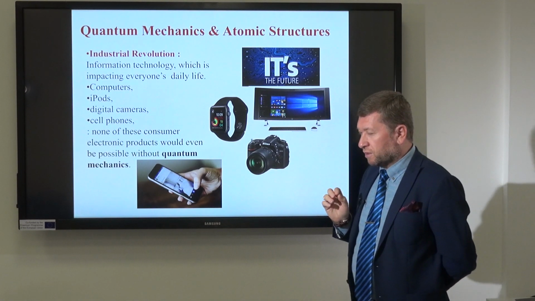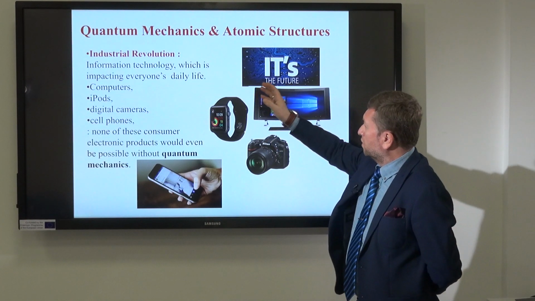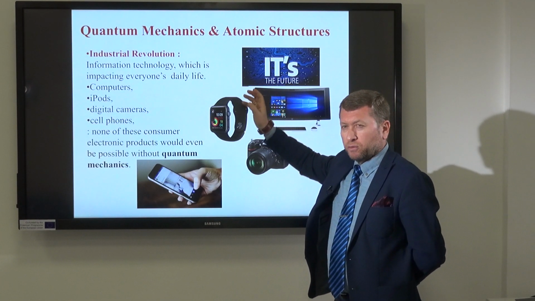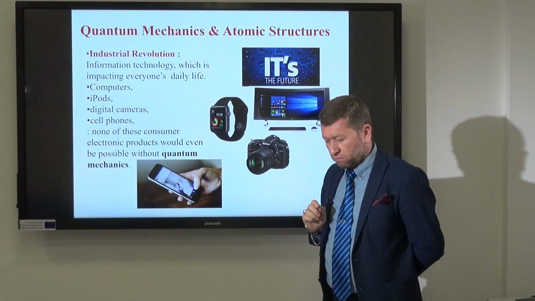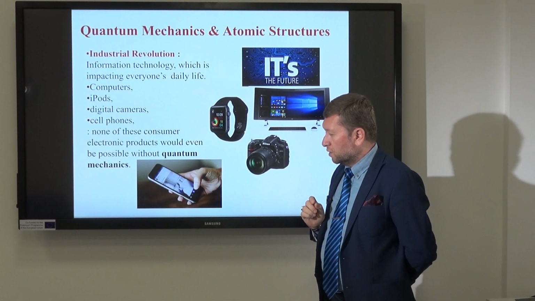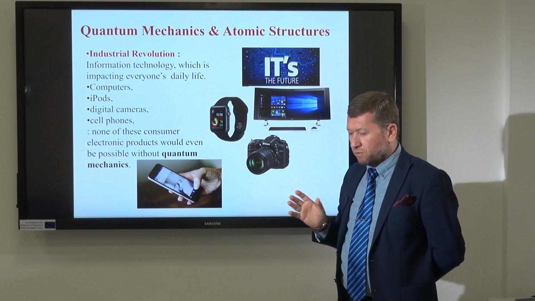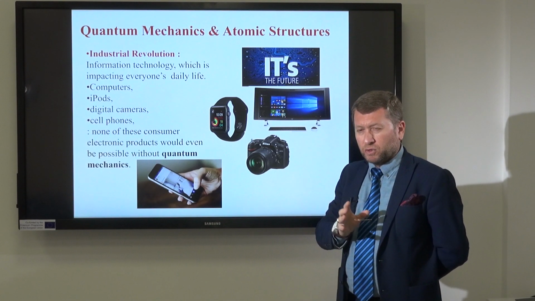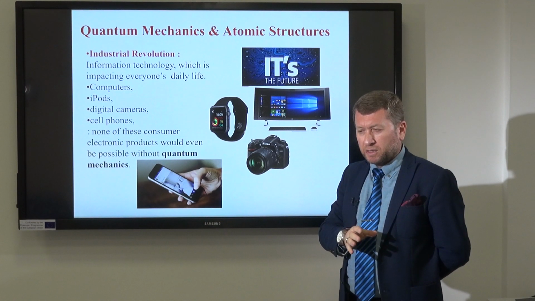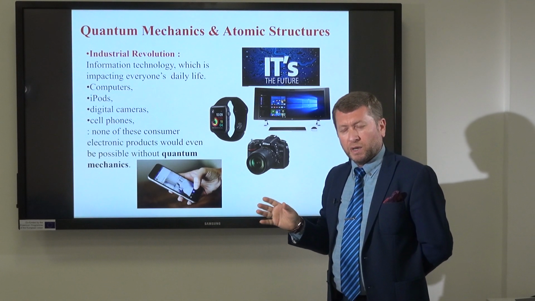One of the fundamental concepts is quantum mechanics and the atomic structure of the materials. Because in the 19th century, there was a big transition from classical mechanics to modern quantum mechanics.